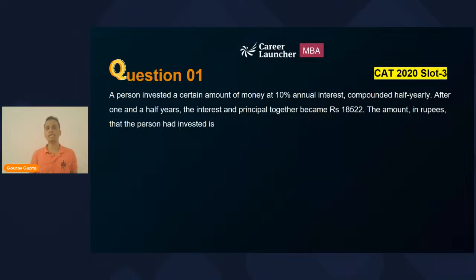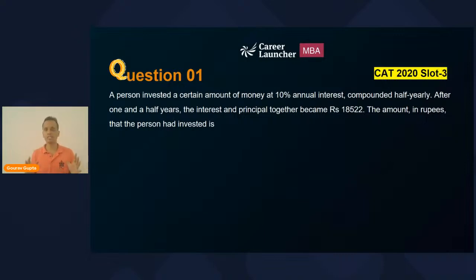The amount in rupees that the person had invested is how much? So basically, we have to find out the principal. We are given the amount and we have to find out the principal. This is the actual question of CAT 2020, slot number 3. I'm giving you 1.5 minutes. Be careful about the calculation, manage it properly, and quickly post your answer.